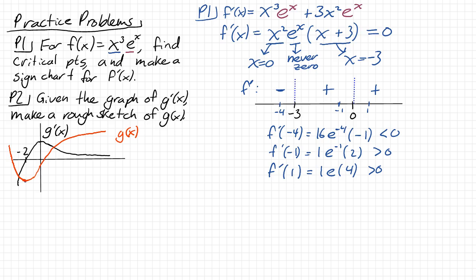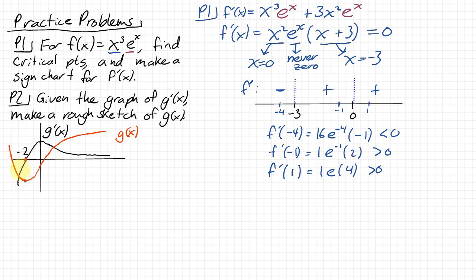And here's my g of x based on the graph of g prime. Again, I looked at where g prime is equal to 0. That means the original function I'm trying to draw should be horizontal. So again, it's backwards from the normal way we do problems like this. And where g prime is negative, I want to draw something decreasing.